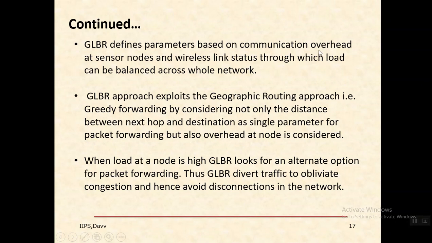First, it defines the parameters based on the communication overhead, and next it uses a greedy algorithm, but it does not forward according to the distance between the next hop and the destination alone; it also considers the overhead of the node. If the load of the node is high, then it looks for an alternate option for packet forwarding.